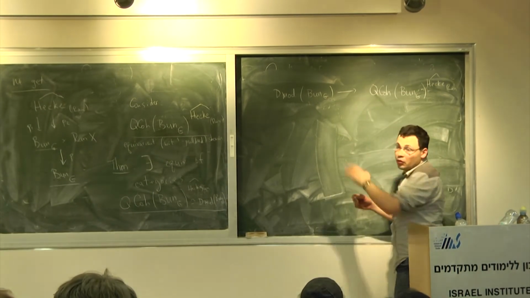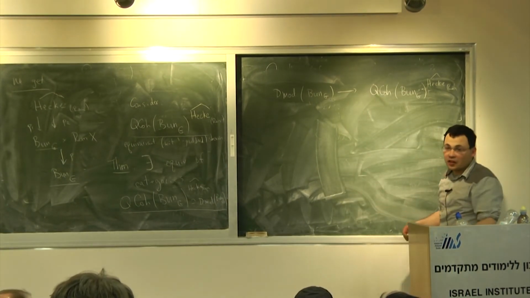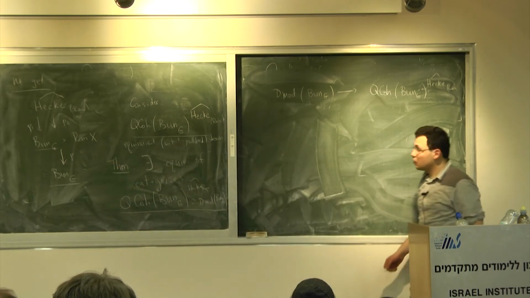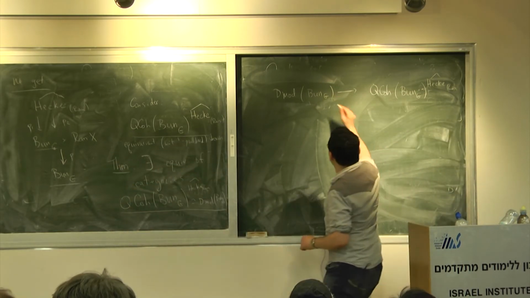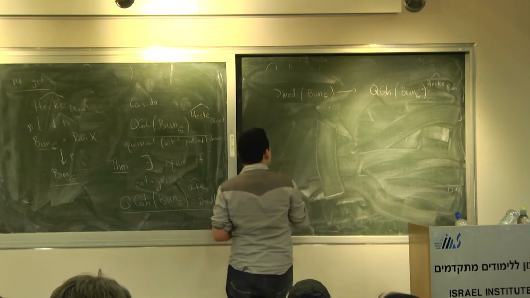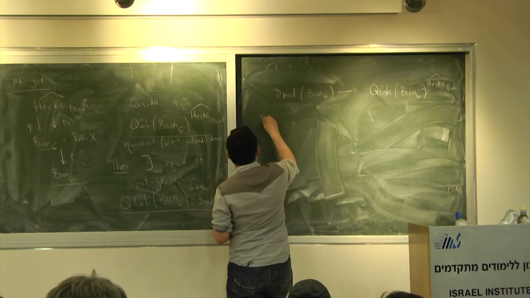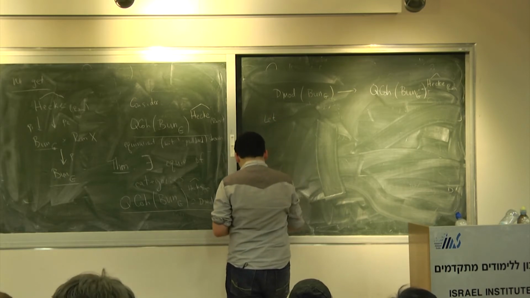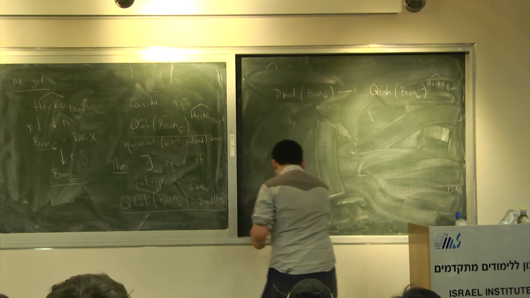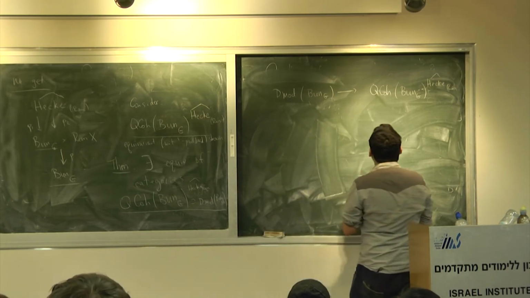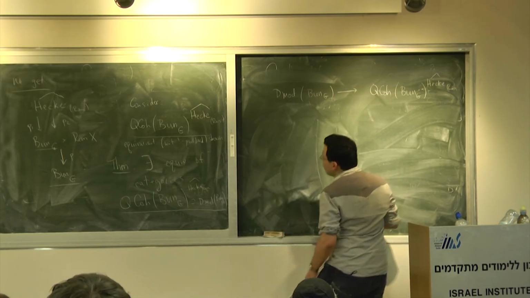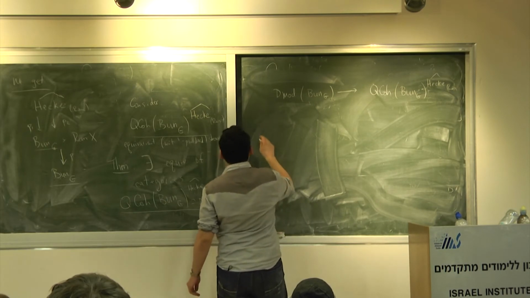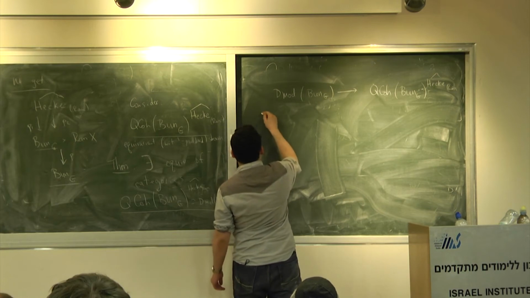Because the quasi-coherent sheaf was equivariant with respect to the entire infinitesimal groupoid, it will be equivariant with respect to this as well. So that's one side of the equivalence.